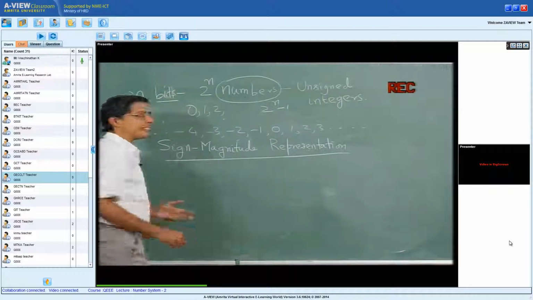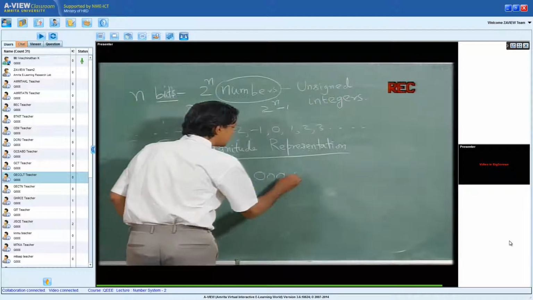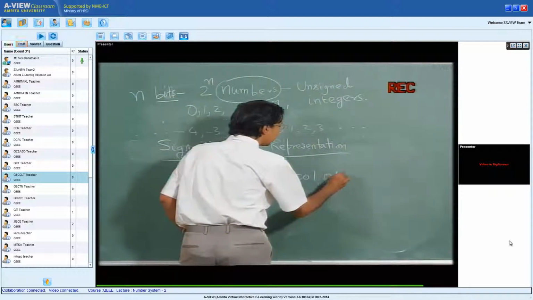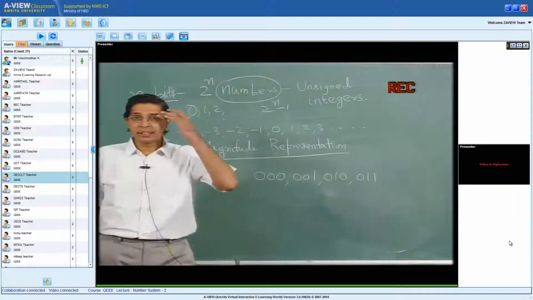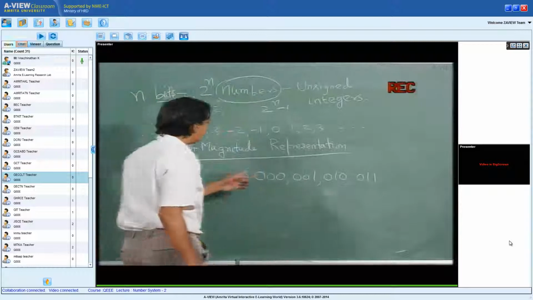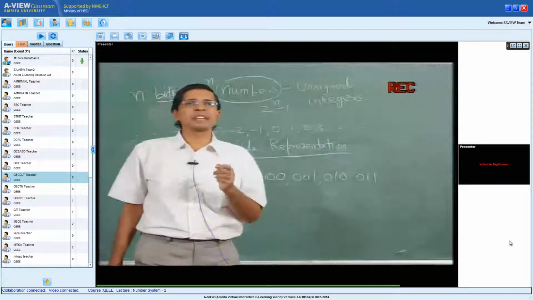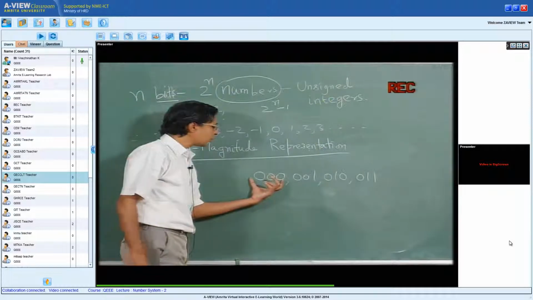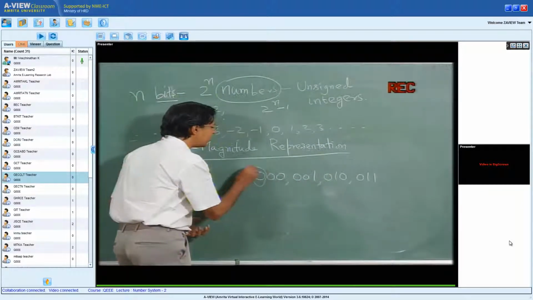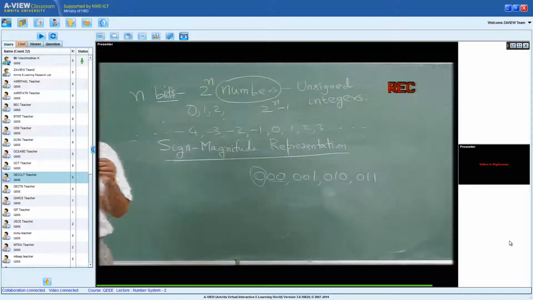Let us take this 3-bit example. So I have 0 0 0, 0 0 1, 0 1 0, 0 1 1. All of them represent positive numbers because the most significant bit is 0, and if it is 0, the sign associated with that number is plus. So the first bit is the sign bit, while the remaining 2 bits give the magnitude of the number.